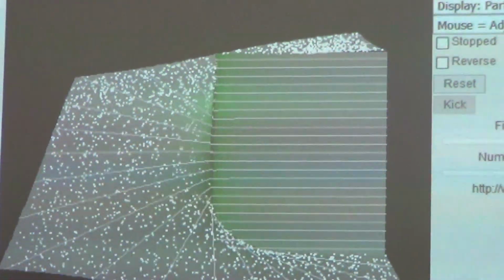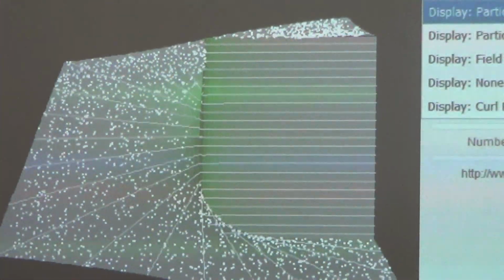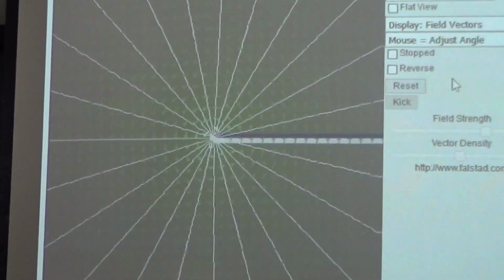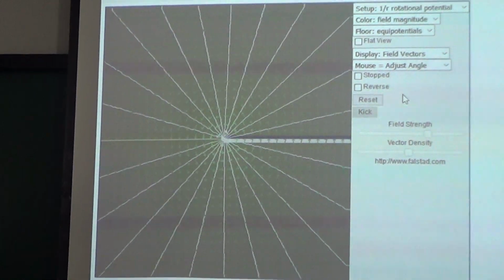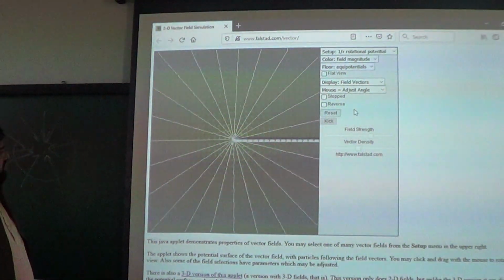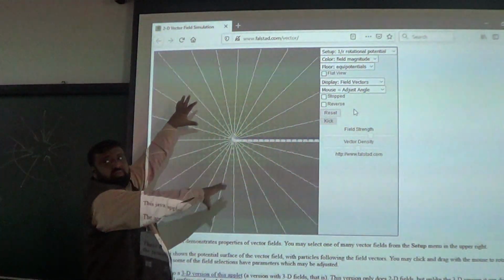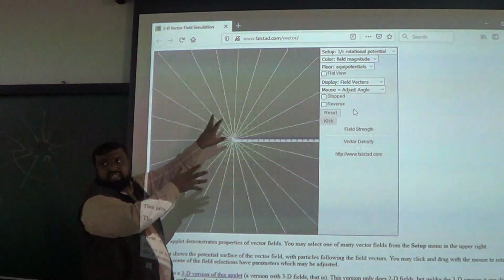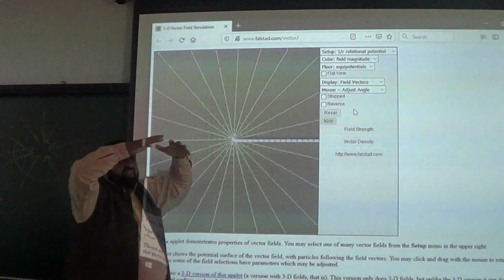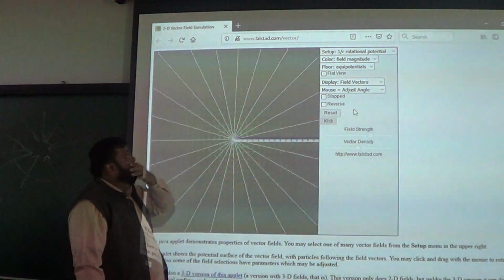You can also look at the picture another way, by seeing the field vectors. That's a field vector, the same picture but written in terms of vectors, so every point has a vector. It's a vectorial representation of it.